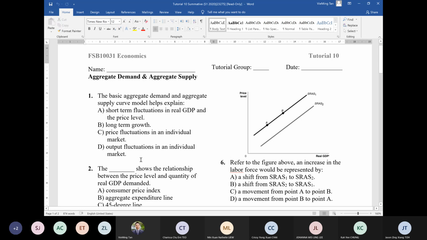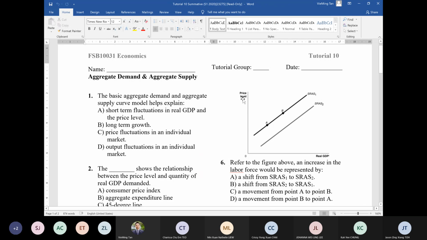So we only have A and B. The most accurate answer would be A: short-term fluctuation in real GDP and the price level. How do you say that? Because don't forget, real GDP is the x-axis of the aggregate demand and aggregate supply curve, and the general price level is the y-axis.